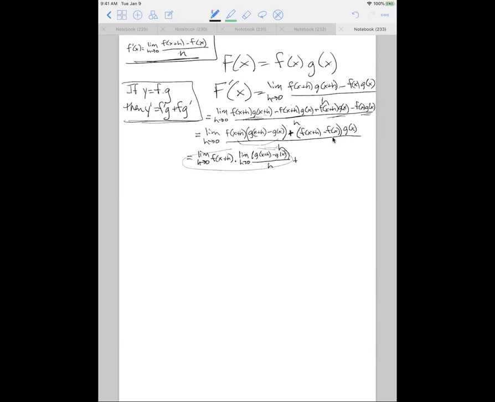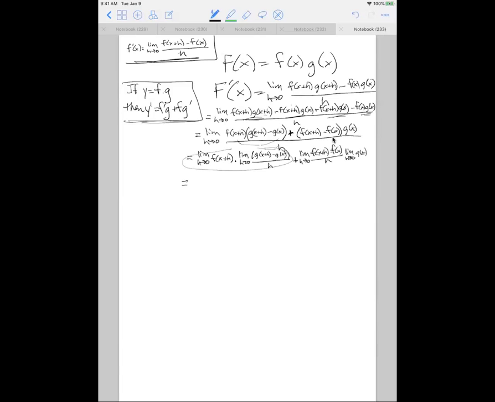Plus now the limit as h goes to 0 of, and again, I'll put the h with this difference, and then multiply it times the limit as h goes to 0 of g of x. All right? And then look what we've got here.